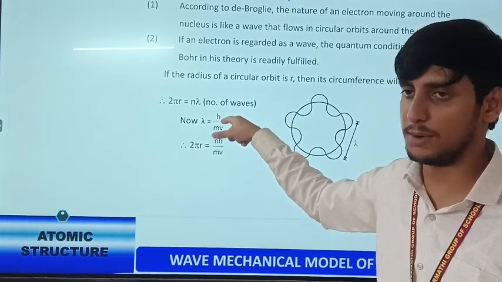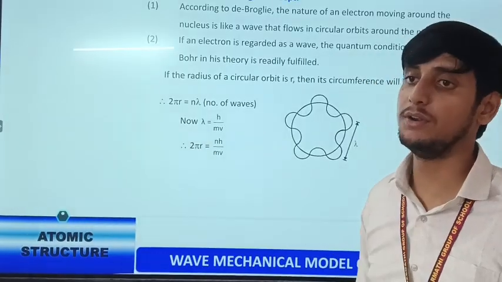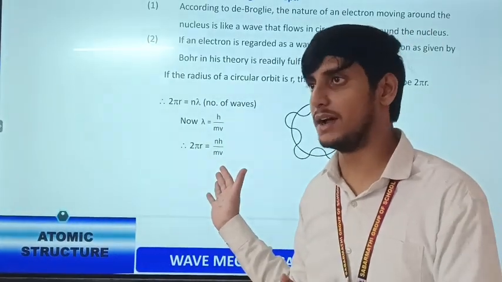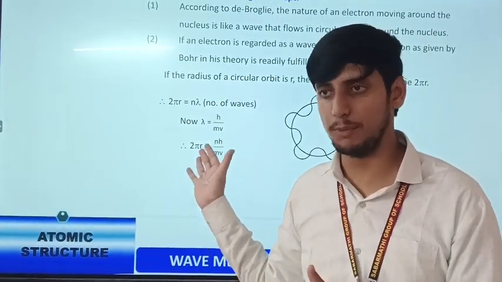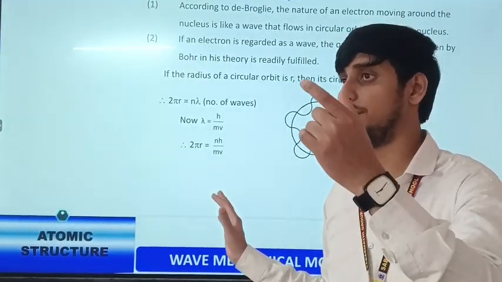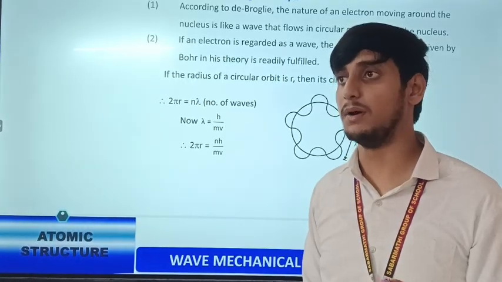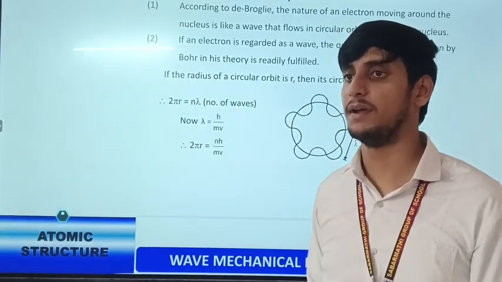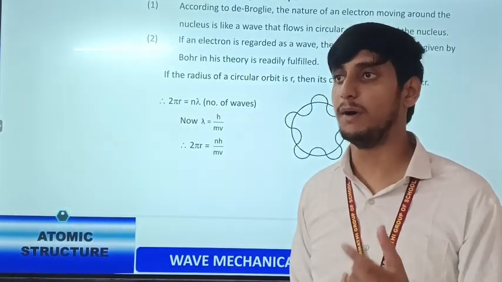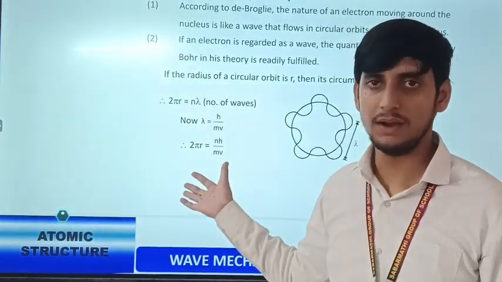We know lambda equals h upon mv by the de Broglie concept, so 2 pi r equals nh upon mv. Both concepts are experimentally proved: electrons revolve with angular momentum nh upon 2 pi.